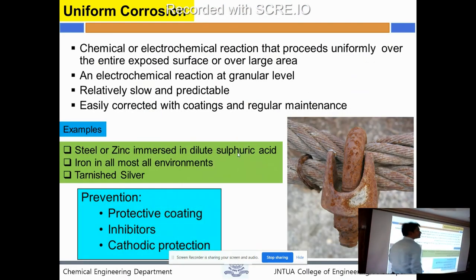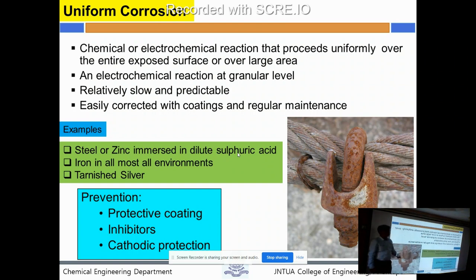So let's come to uniform corrosion. As I said, what is uniform corrosion or general corrosion? The surface is completely corroded. Look at this example. It is a chemical or electrochemical reaction that proceeds uniformly over the entire surface, over a large area, but it is relatively slow and predictable. If you go to ships, you can see this type of corrosion across the entire surface.